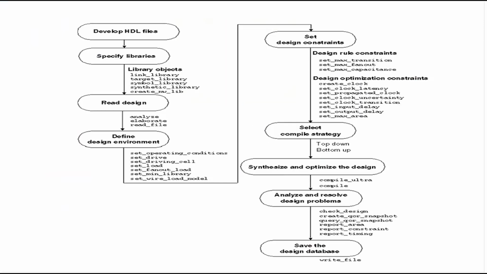We have been following this particular flow for understanding Design Compiler, understanding the synthesis flow. In the last lecture we saw how to define the design environment. Before that we saw how to write the RTL and how to use that RTL in Design Compiler, assuming the libraries are all in place.